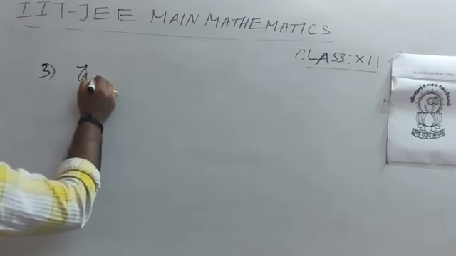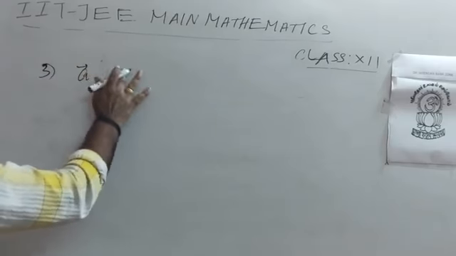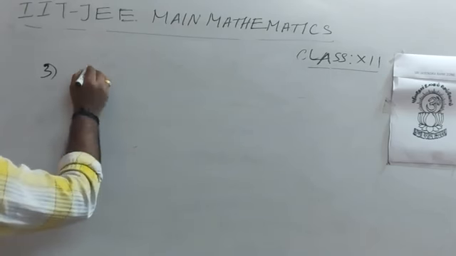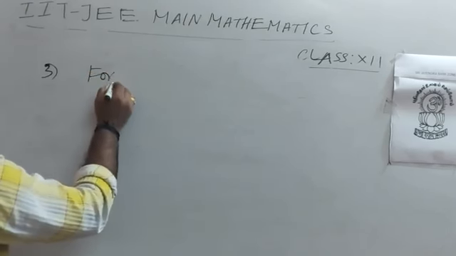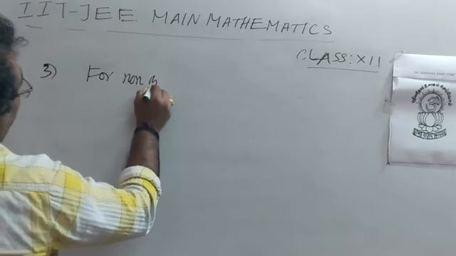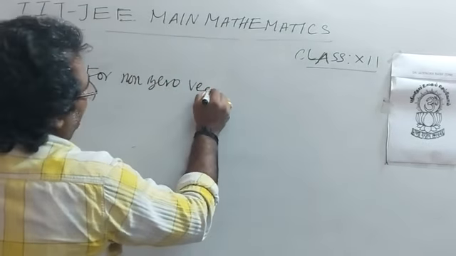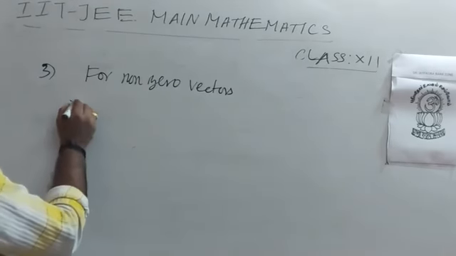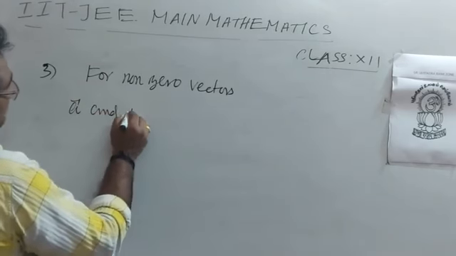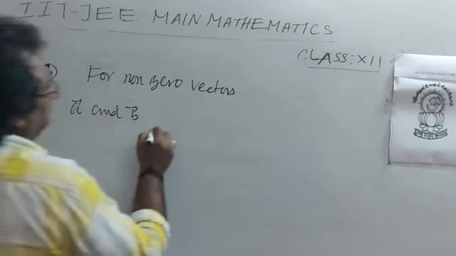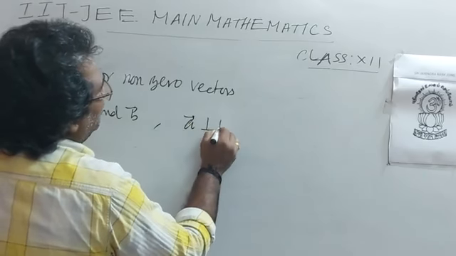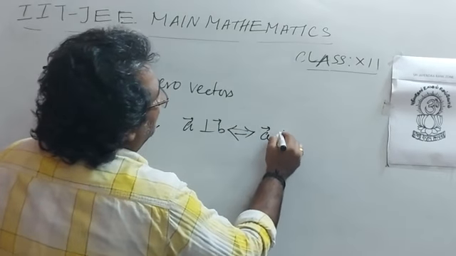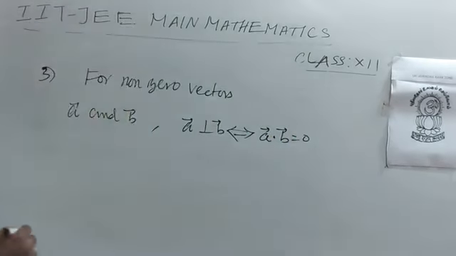For non-zero vectors A vector and B vector, A vector perpendicular to B vector if and only if A dot B equal to 0.